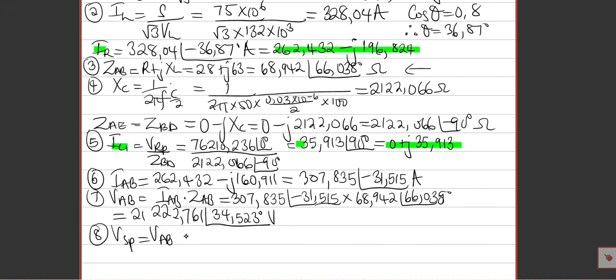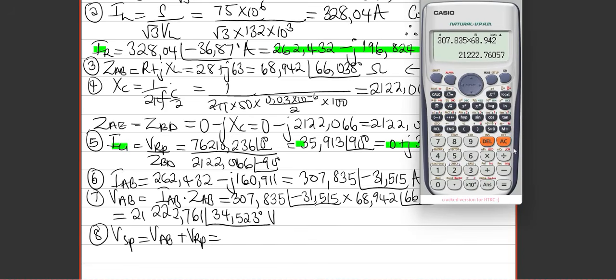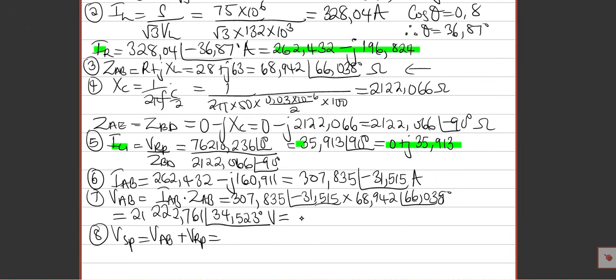VS phase equals VAB plus VR phase. Here, we did not convert our VAB to rectangular form.